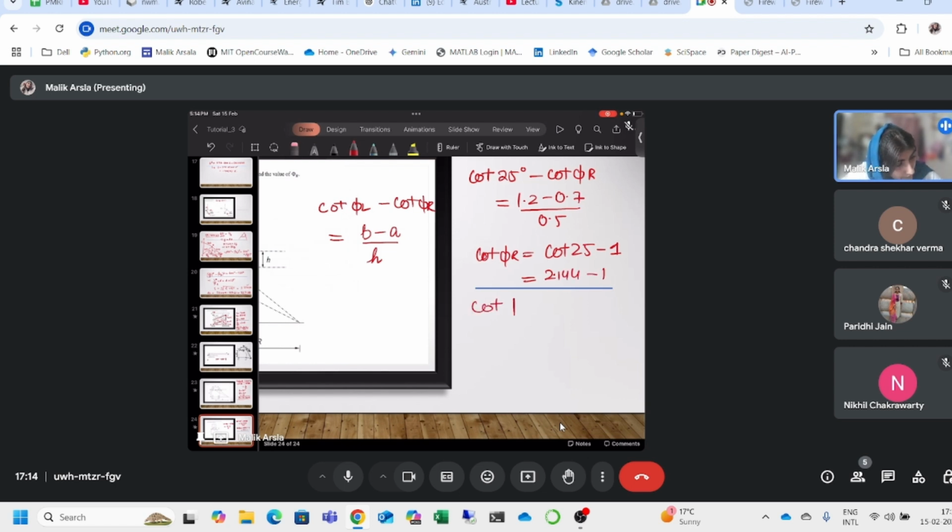So cot of phi R is equal to 1.44, which implies tan phi R is equal to 1 upon 1.44, which is 0.873, something like that, and phi R is equal to tan inverse of 0.873, which is 41.14 degree. Is everybody getting the same answer?